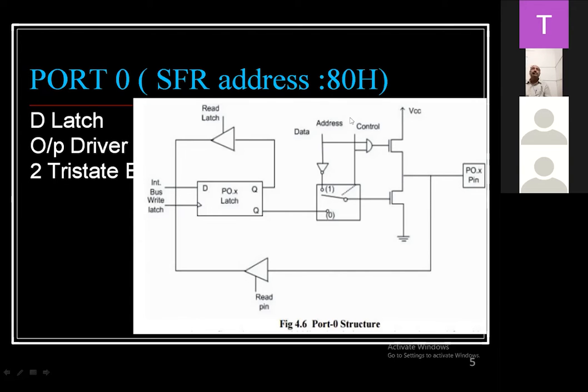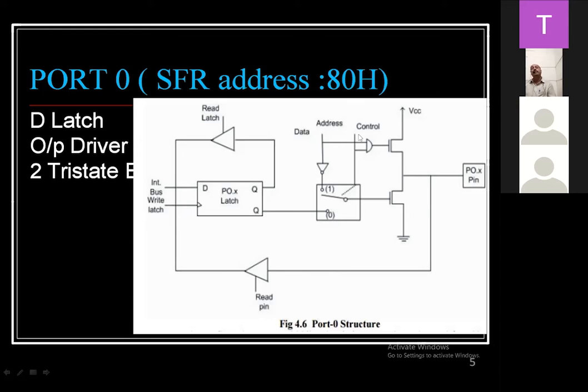Got it? So this control pin is very important in this case. Just note down, and if possible write this sentence in the notebook also. When control pin is equal to 1, the port 0 will work as address and data line.